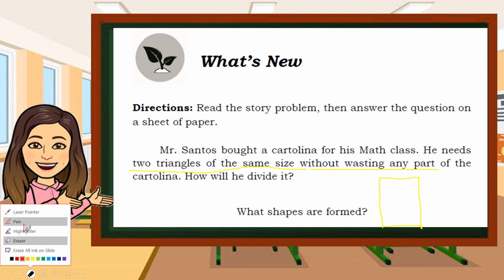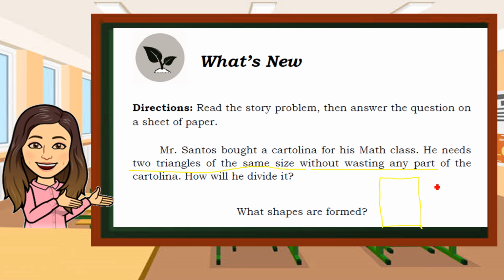So, the proper way to divide this cartolina to form two triangles of the same size and without wasting any part is by dividing this rectangle diagonally.